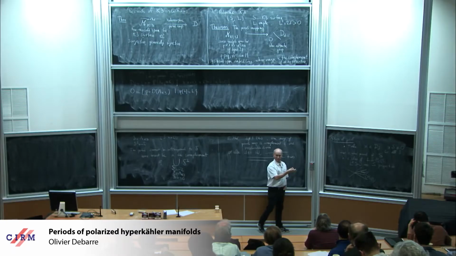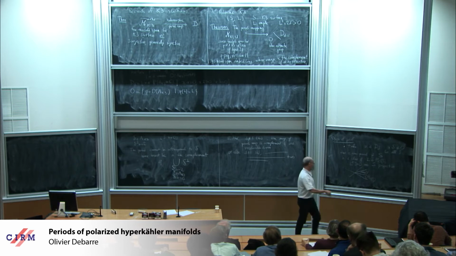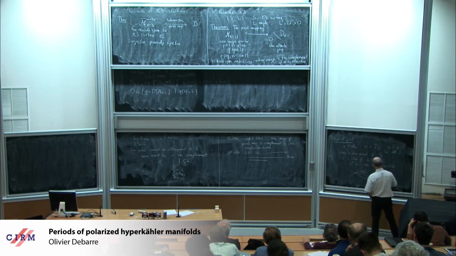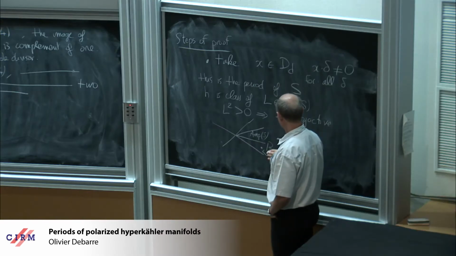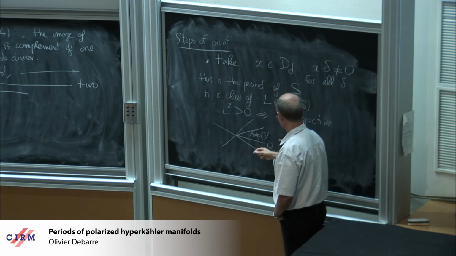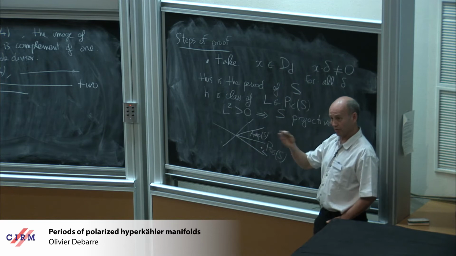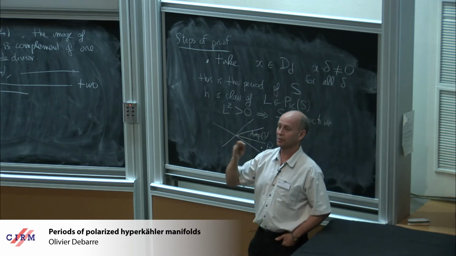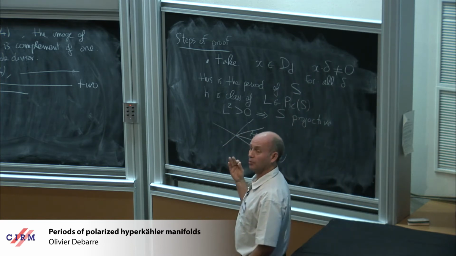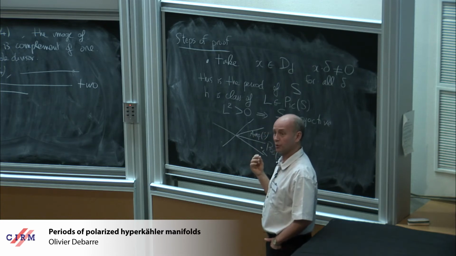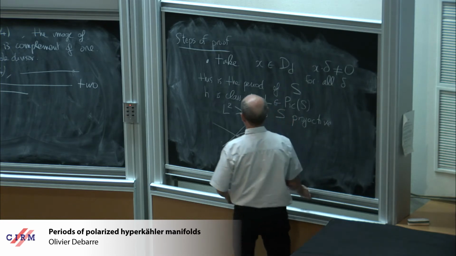So now the theory of classes on a K3 surface tells you that you can always pass from an element of the positive cone to an element of the ample cone by a series of reflections about classes of smooth rational curves on the K3 surface.